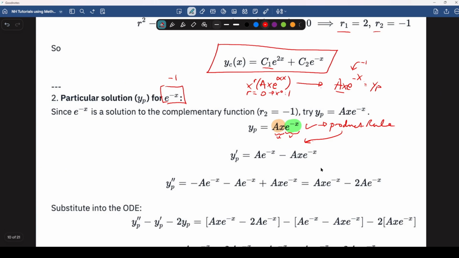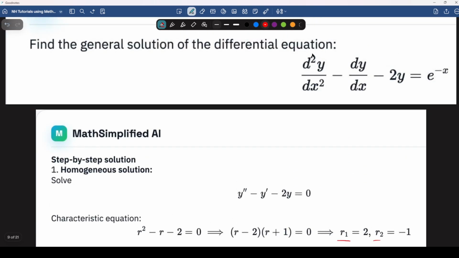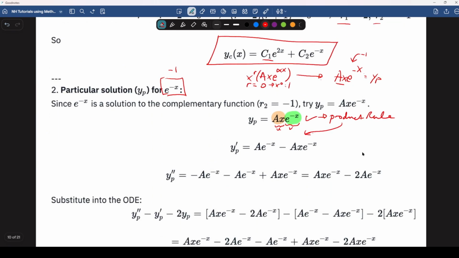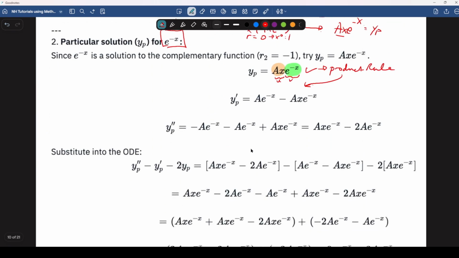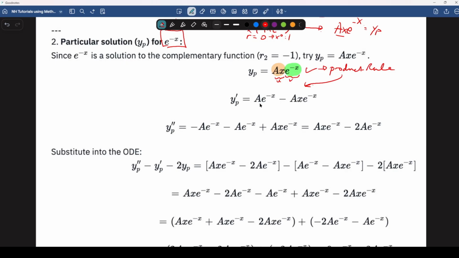Because the equation goes up to the second derivative, we have to take the second derivative of yp as well. Basically we repeat the same thing: the derivative of this term and the derivative of this term, which involves another product rule.